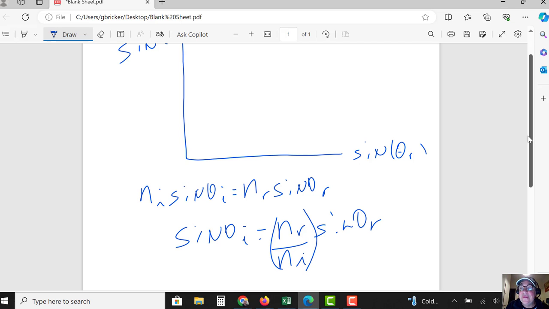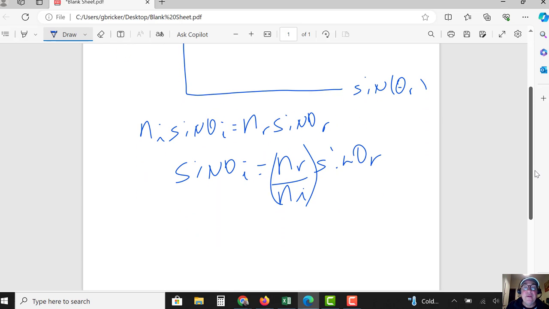Now when you plot something like this, and we've done this before, this looks like y is equal to mx. So when you have something on the vertical axis and something on the horizontal axis, so the vertical axis is the sine of theta incident, the horizontal axis the sine of theta refracted, whatever comes in front of that is the slope.